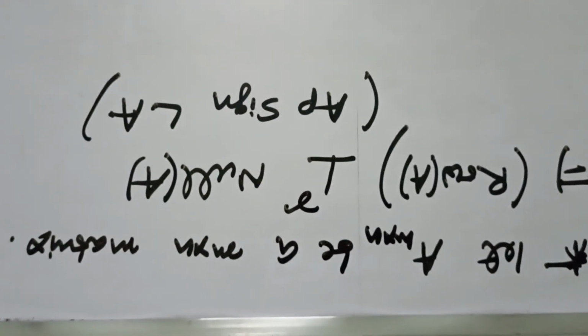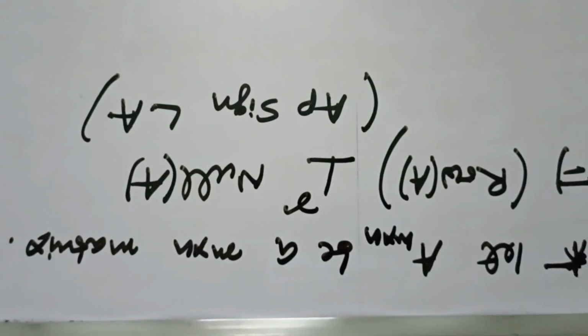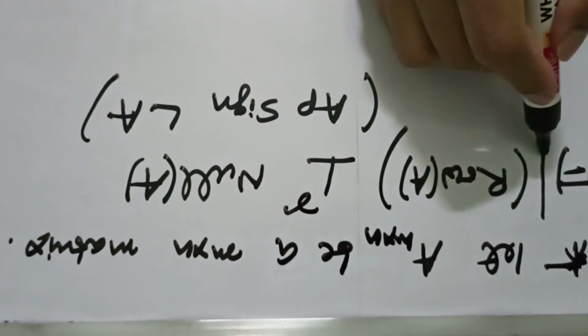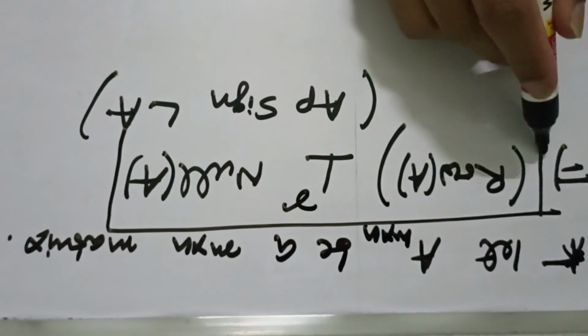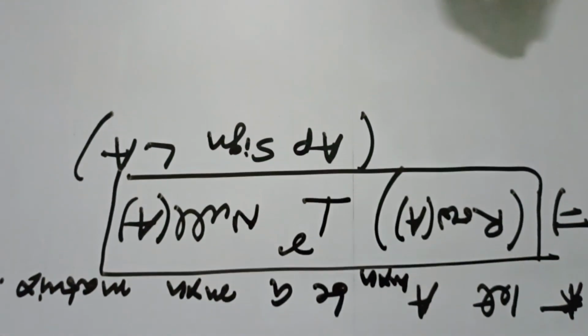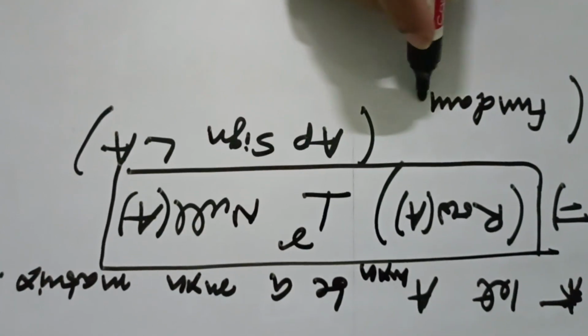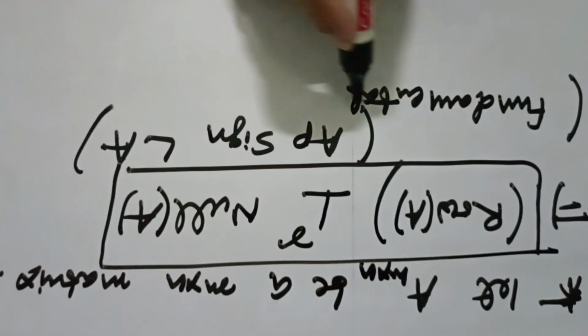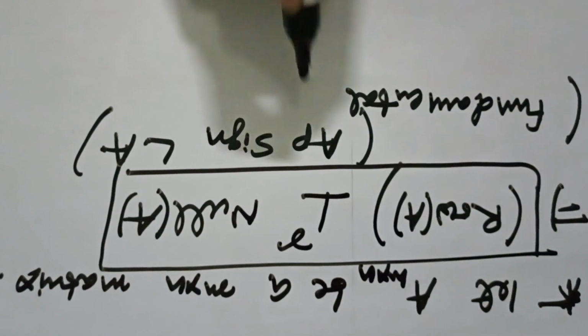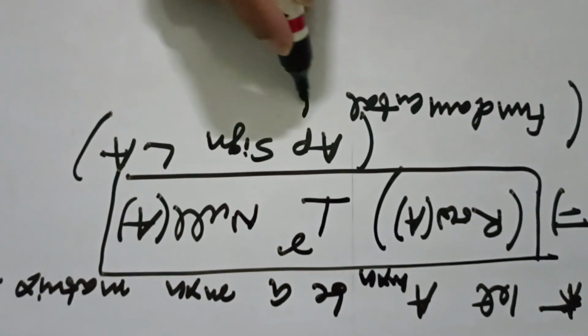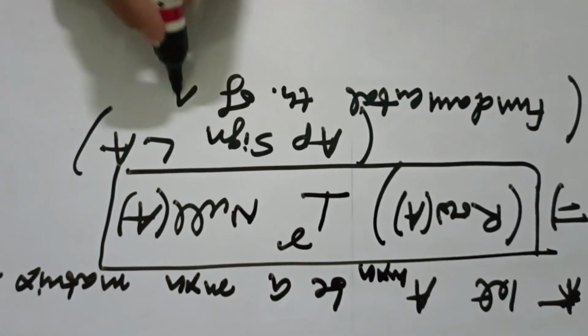If you study this book, in Chapter 5, Inner Product Space, you will find this result. It also has a name: it is called the fundamental theorem of linear algebra, which means it is an important result. I thought everyone knew this result.